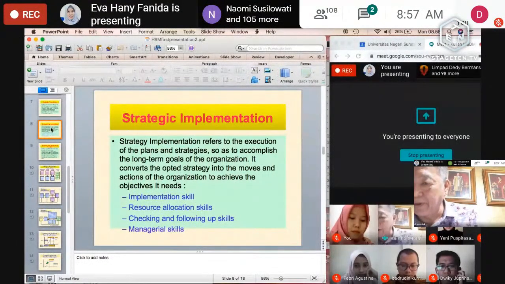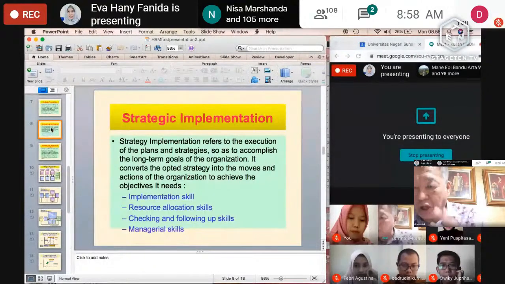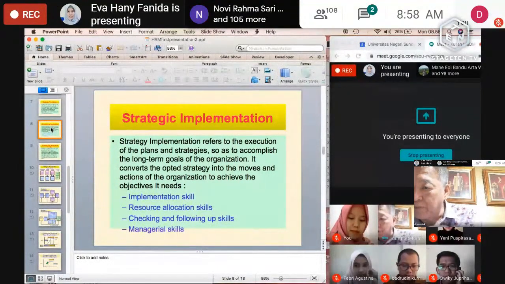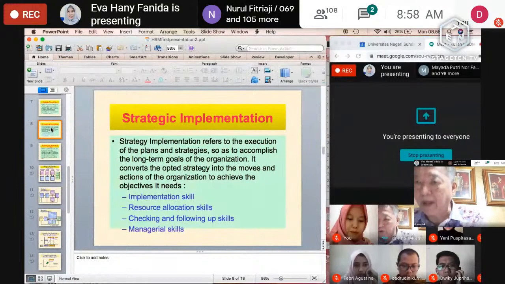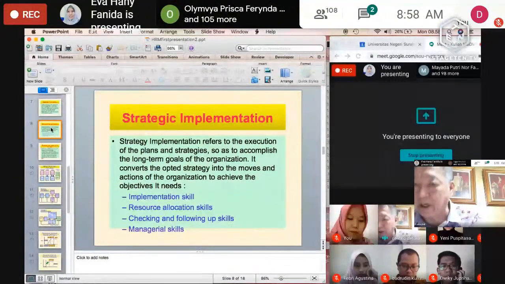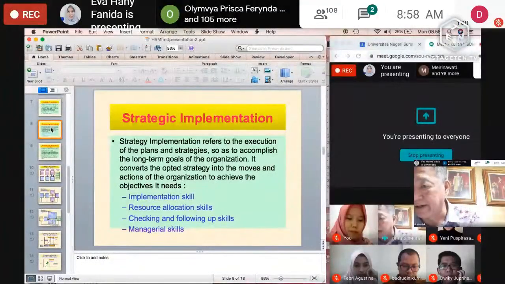If you know that someone is not suitable or qualified for a job, you should try not to replace them, but maybe add more human resources to help, or try to train them, or even recruit other people. So it depends on your allocation skill.